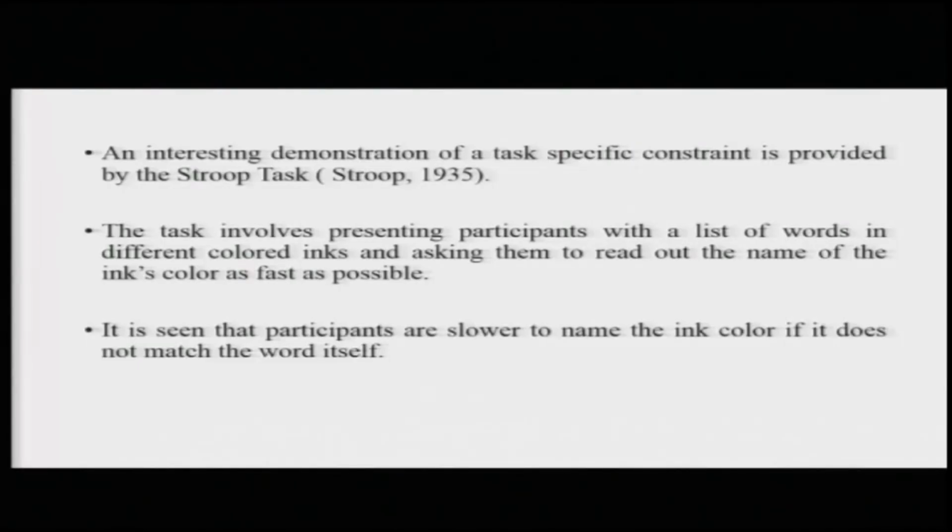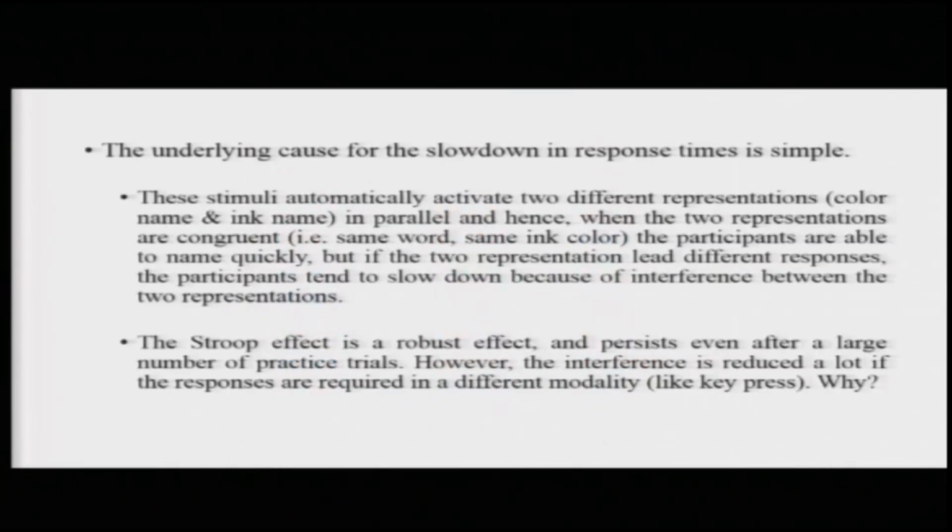So this is a very good example of what is referred to as a task specific constraint, and this is something which has been demonstrated over and over again, and participants have shown this effect again and again, and obviously this effect has been used in different other paradigms as well. This is just an example of a task specific constraint, and it tells us something very important.